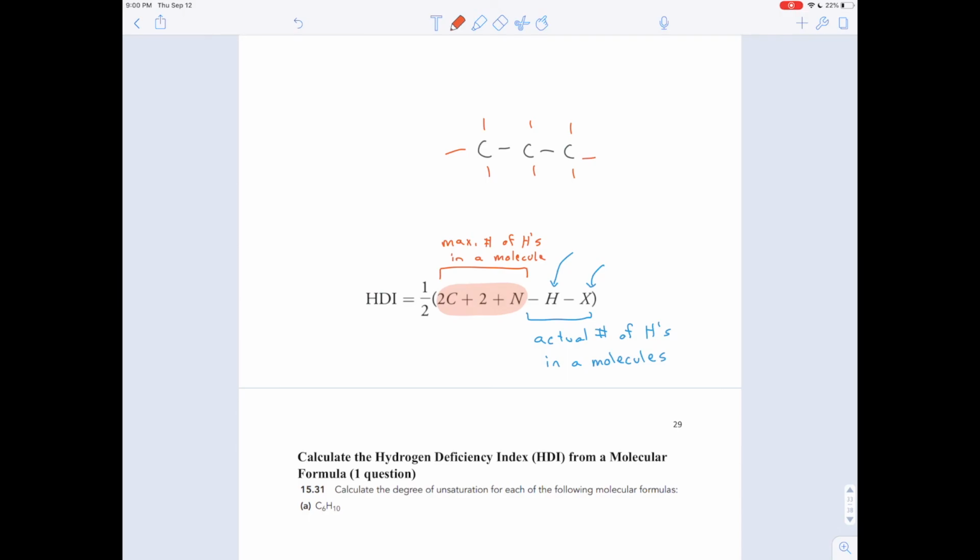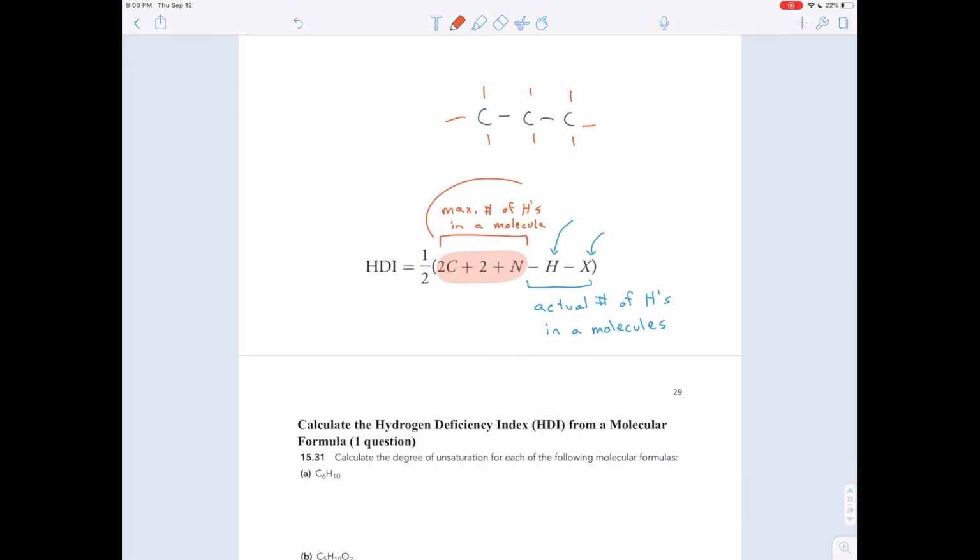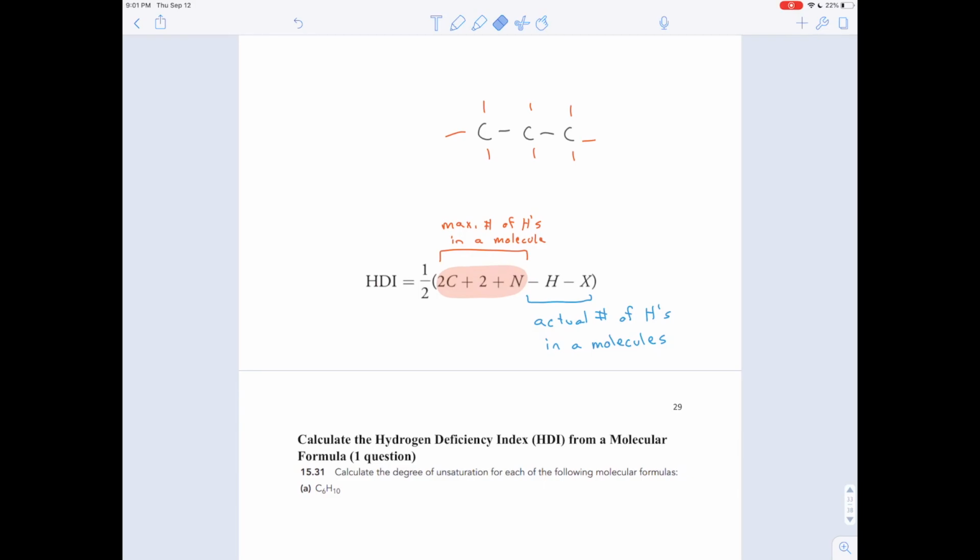So if we're interested in finding the number of double bonds or rings, what we're going to do is take the maximum number of hydrogens and compare that with the actual number of hydrogens. Now notice what happens when you take hydrogens away to form a double bond. In order to form a double bond, you have to get rid of 2 hydrogens.